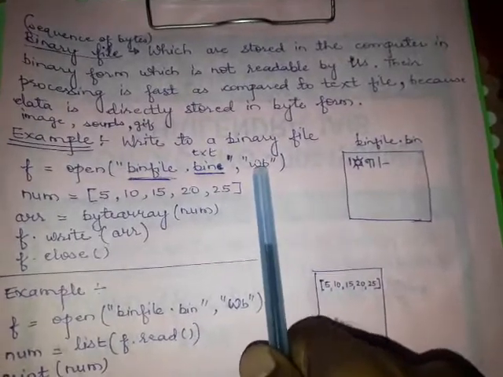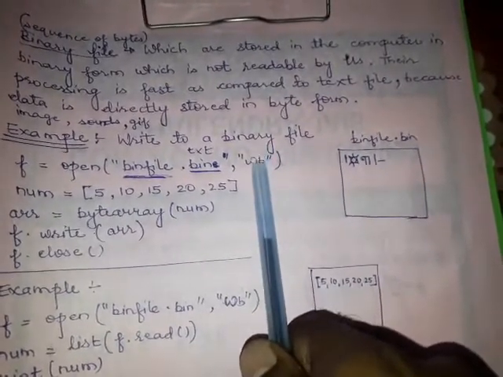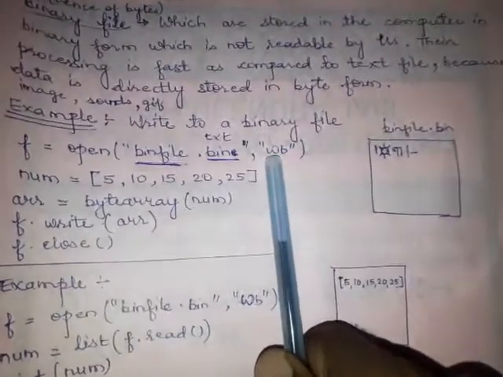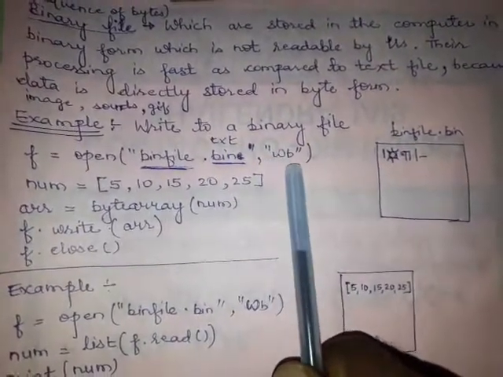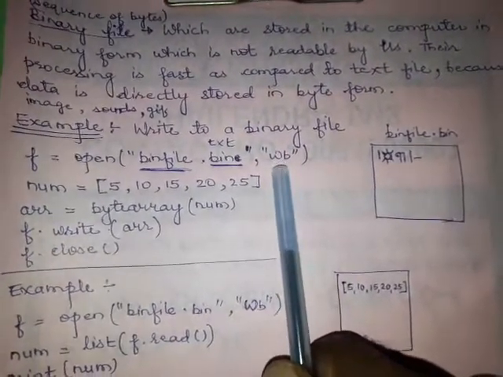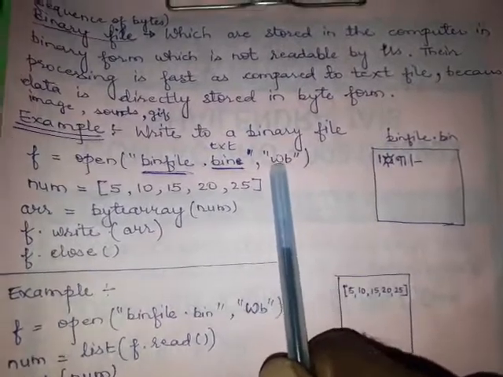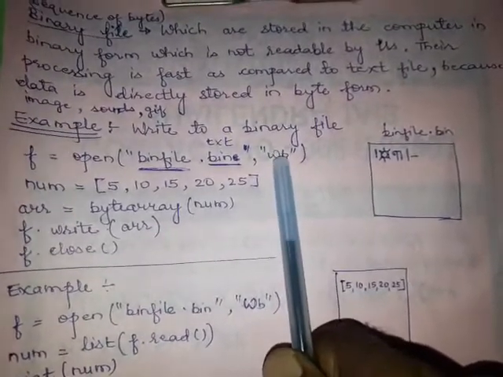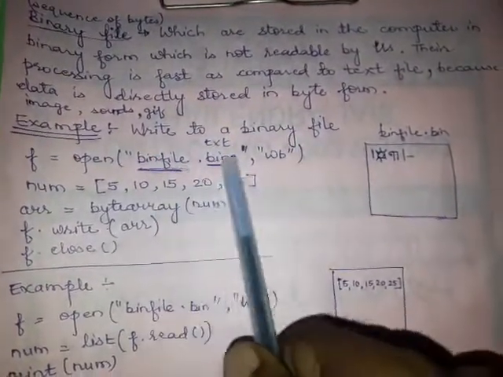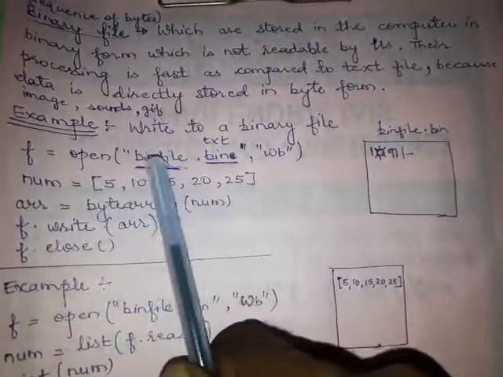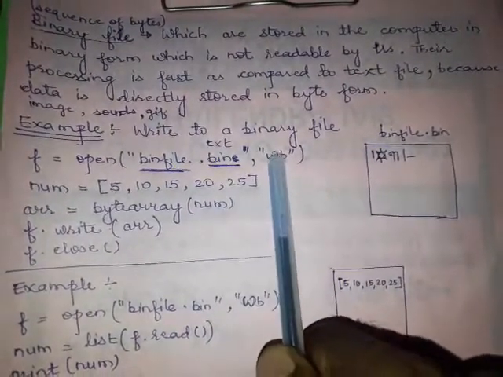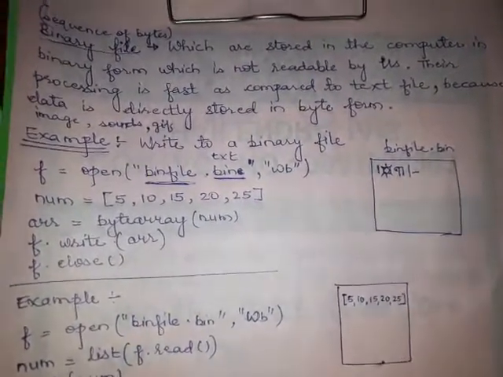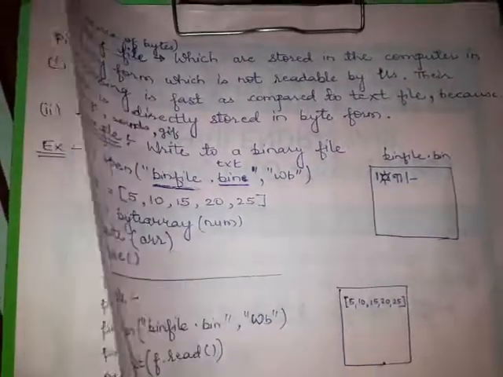In text file we simply write w, but for binary file we have to write wb, write binary. This is important. If you simply write w, then the binary file is not created. You will have to write write binary, wb, in small letters.